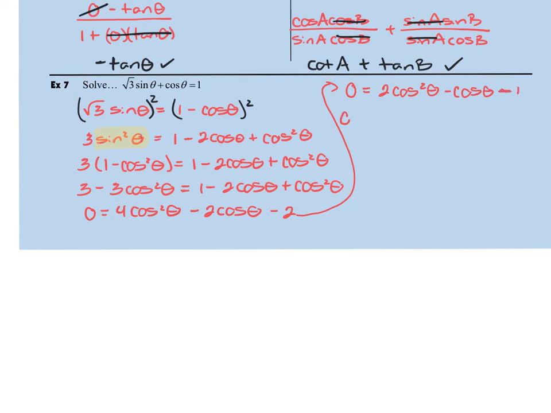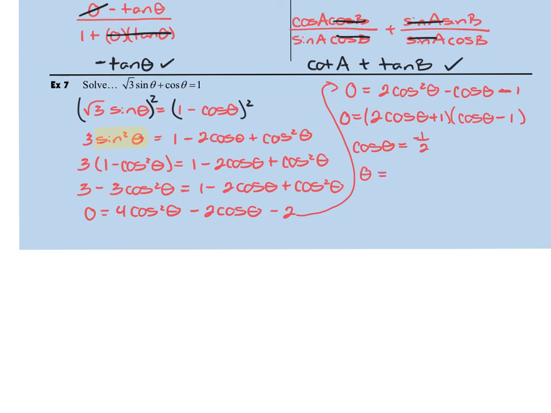Now let's factor. 2 cosine theta, cosine theta, and then I'm going to have a plus 1 here and a minus 1 here, and that'll get us to the factoring that I want. That means that cosine theta equals negative 1/2.